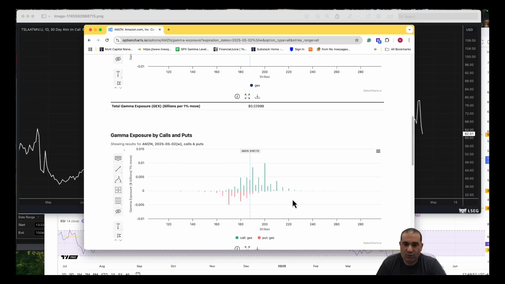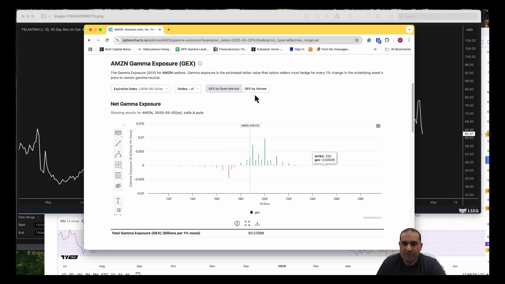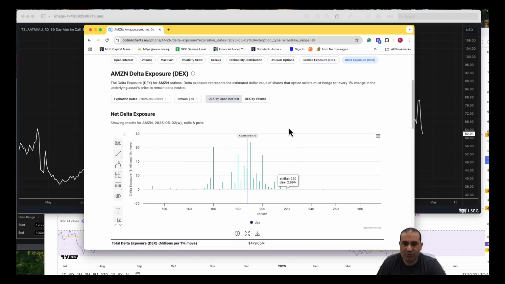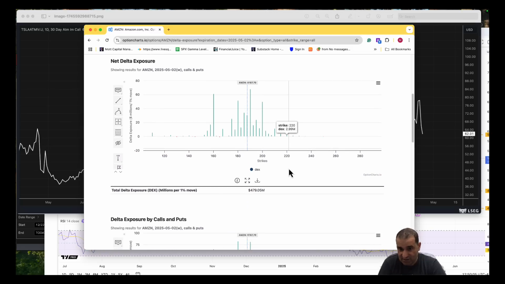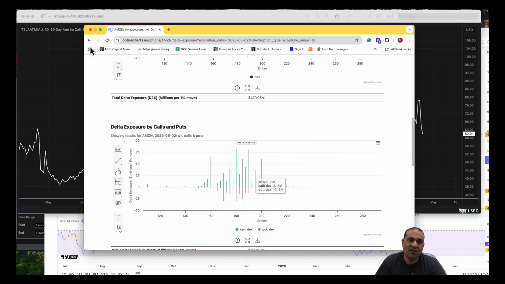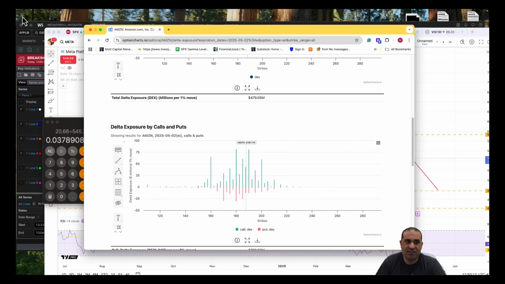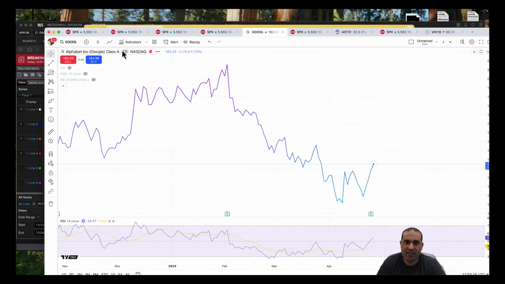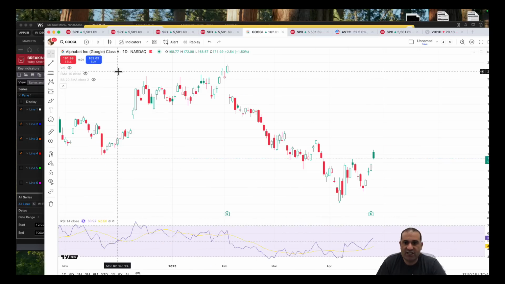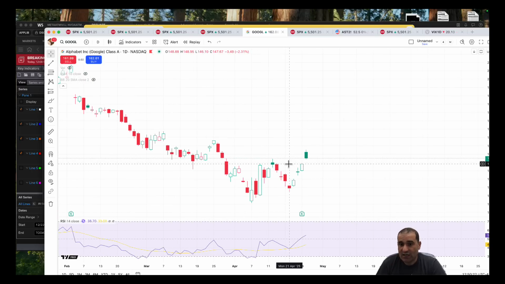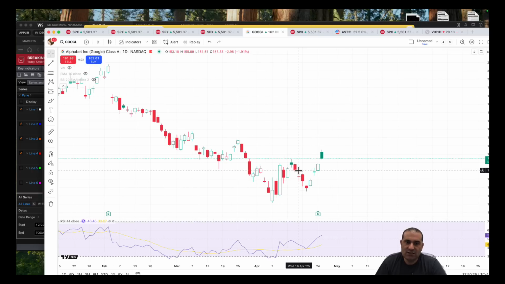So what this is all implying to me is that once we get past these results, if they're not spectacular, meaning they don't beat and raise, it's likely that you're going to see these stocks all trade lower. Now, when you look at Google, for example, Alphabet, that stock is trading a little bit higher today, but not nearly as high as it was, probably because there's some selling going on in this as well.